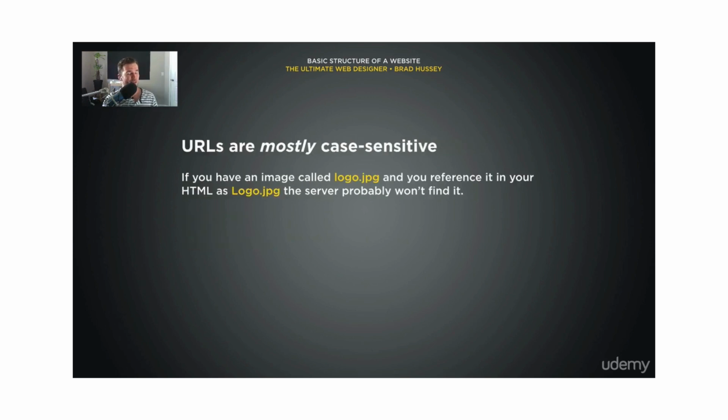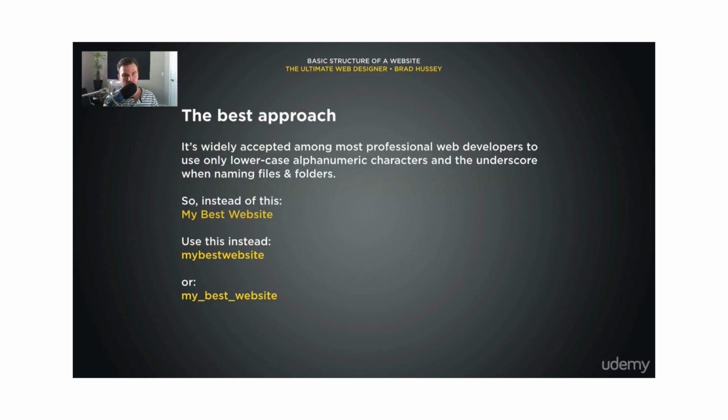URLs are mostly case sensitive, which means if you have an image called logo.jpg, all lowercase, and you reference it in your address bar or HTML as logo with a capital L, the server probably won't find it. The best approach, widely accepted among most professional web developers, is to only use lowercase alphanumeric characters and the underscore when naming files and folders.